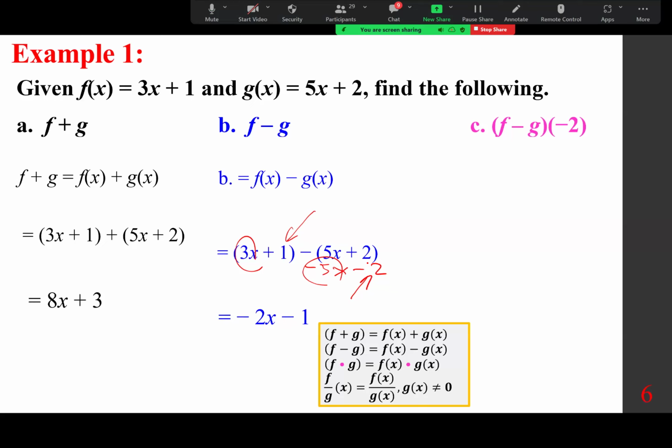Part C, f minus g evaluated at negative 2. Because we already calculated this one, we don't have to go through the process. Just plug in negative 2.